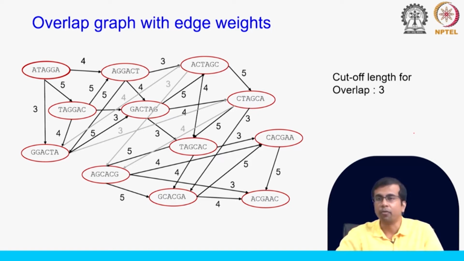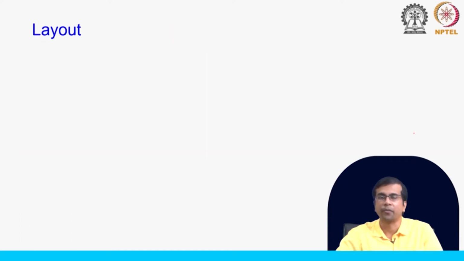Now, what can you do with this overlap graph? Can we apply this layout approach on this overlap graph to actually find the reference sequence? Instead of the SCS approach or greedy SCS approach, how will the OLC approach find the reference sequence from this overlap graph? So, the layout approach.